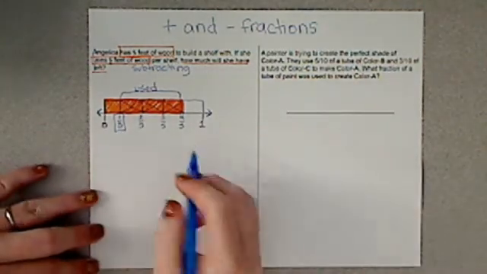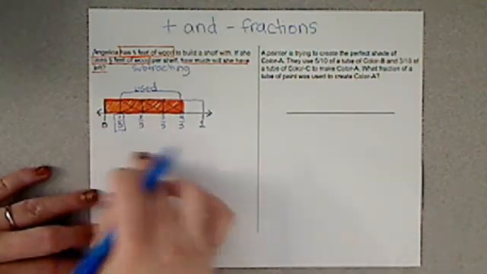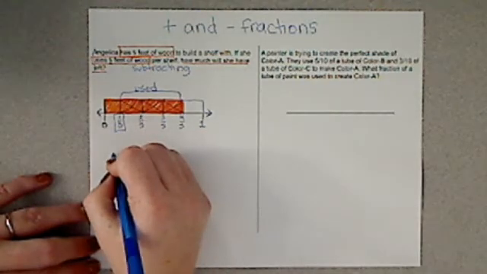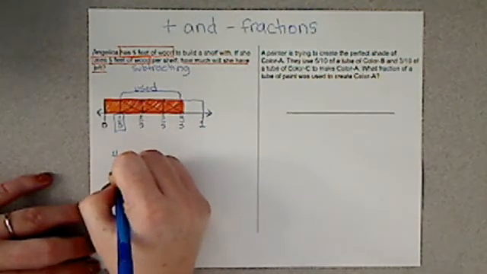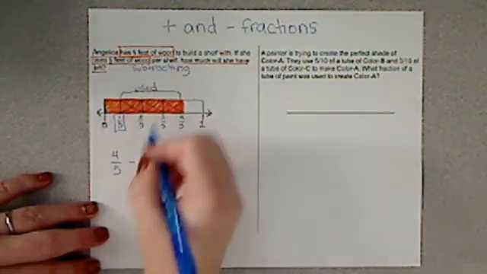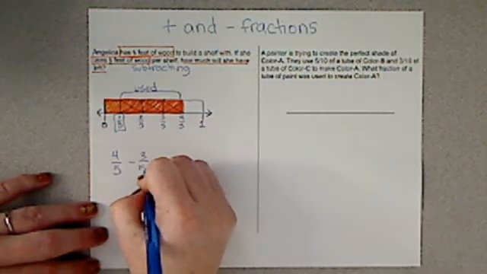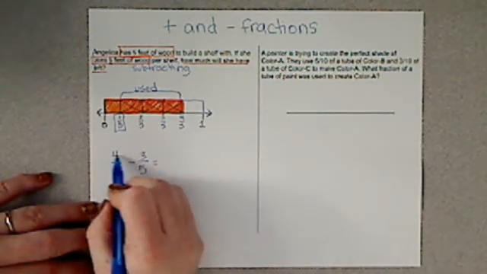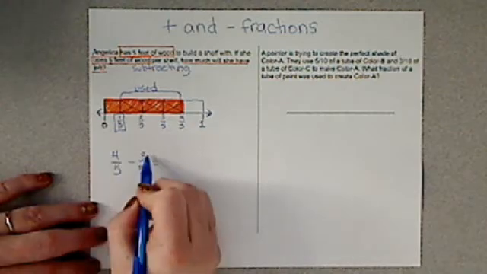So if you wanted to take a look at this using the standard algorithm, you're starting with 4/5 feet of wood. You're taking away 3/5. And remember, if our denominators are the same, we just have to add or subtract the numerator.